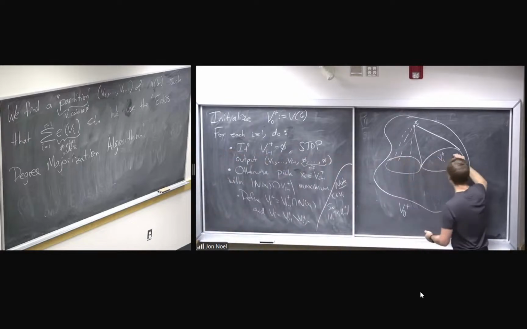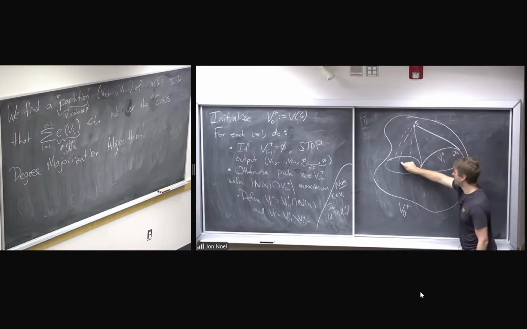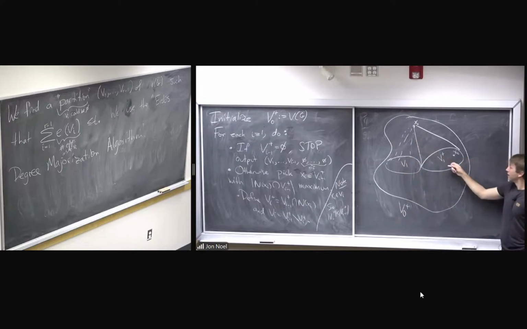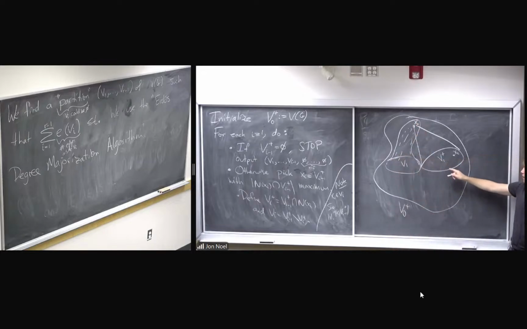And then inside of V1 plus, we pick an x2. So this is V1, the non-neighbors, which includes x1 as well. We pick a biggest degree vertex, look at its neighborhood. That's V2 plus. And its non-neighborhood, which includes itself, would be V2. And then we just keep tunneling inside the neighborhoods.